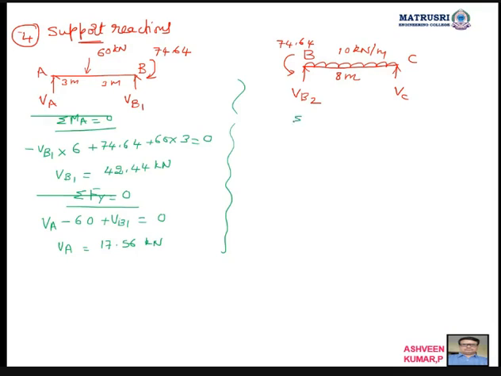Same again, I am taking moment about B is equal to 0.